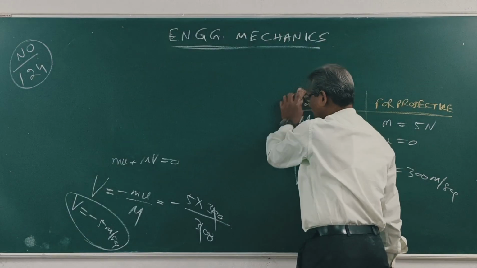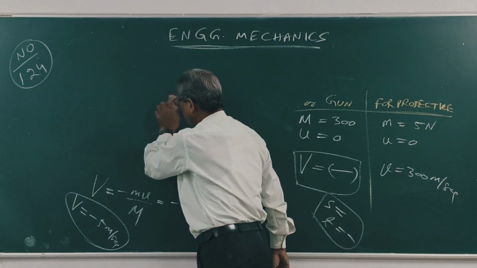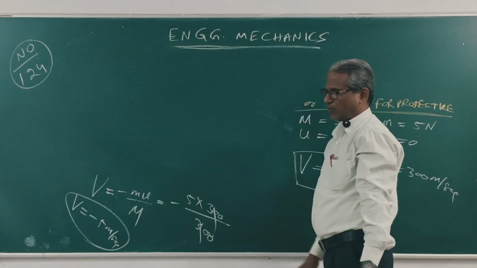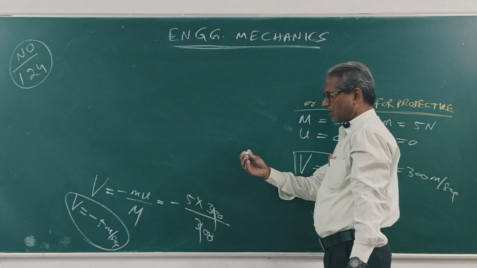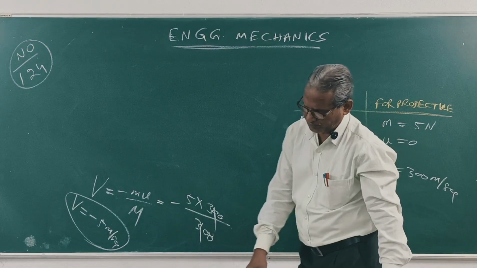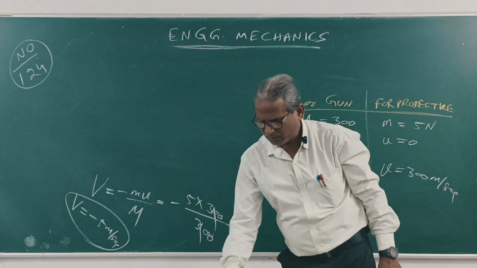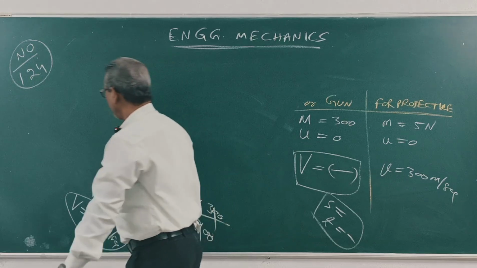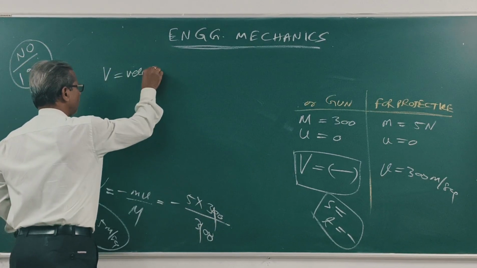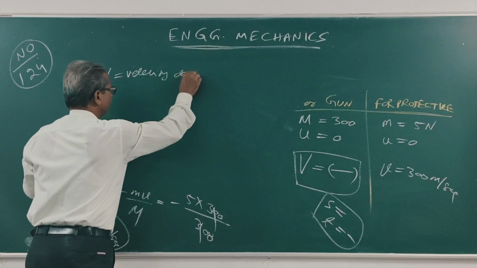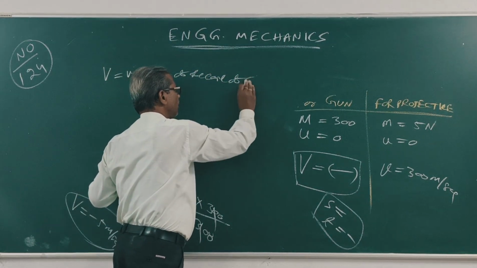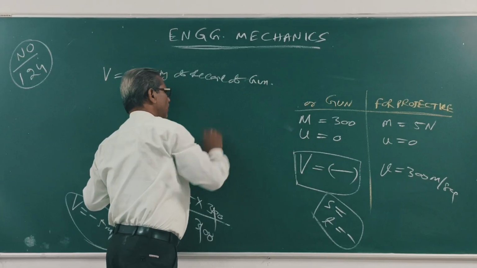What is B? Velocity of recoil of gun. As the gun recoils backwards, the velocity is negative. Right? Where B is equal to velocity of recoil of gun. Clear?